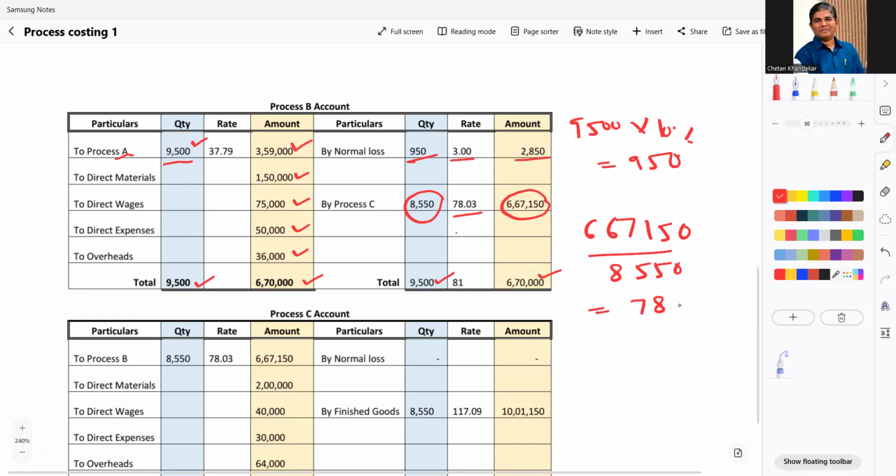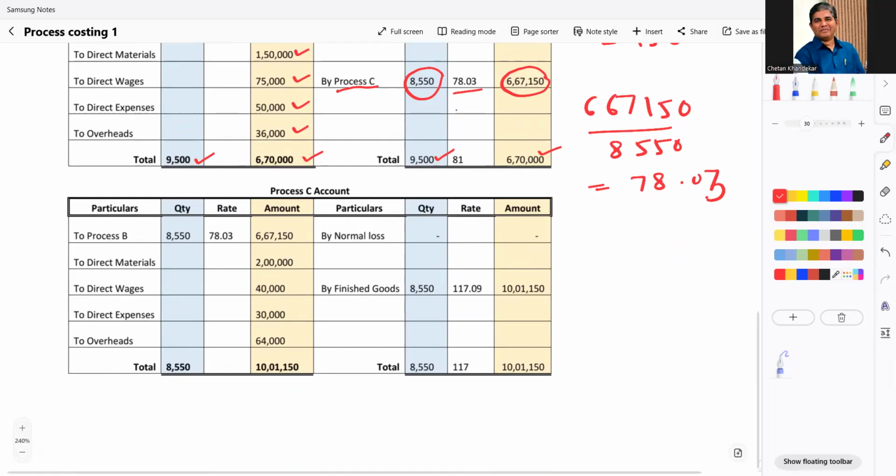It comes to 78.03. As it is shown transferred to process C, it is 8,550 units at 78.03 and this is the amount. This amount is shown again on debit side of process C account.